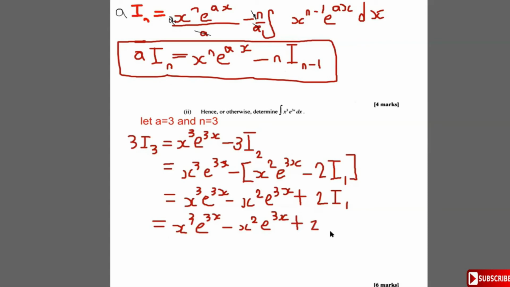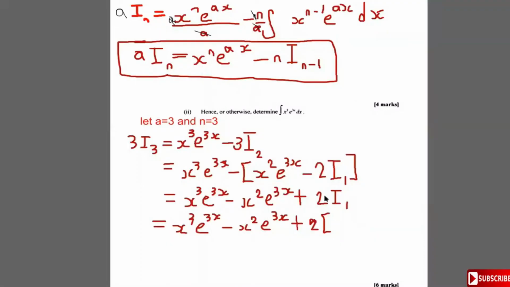I1 is going to be plugging in n as 1, but also we have to remember that we have to divide through by 3. And so remember that a times I_n is this. And so we had to divide through by a to get what is actually I_n.